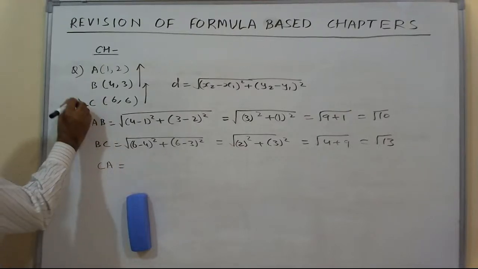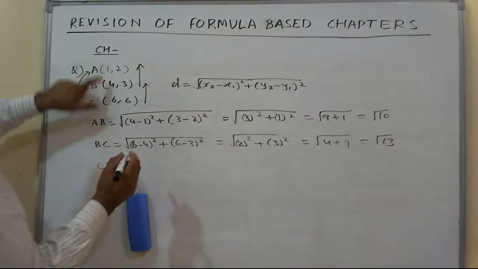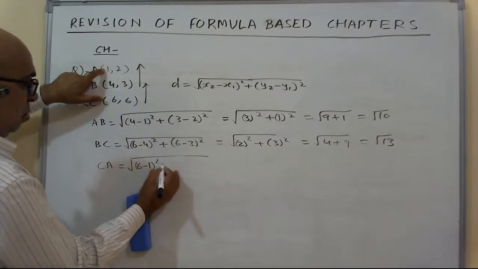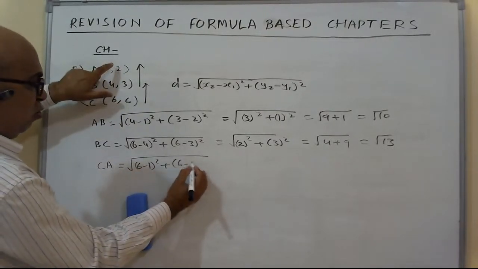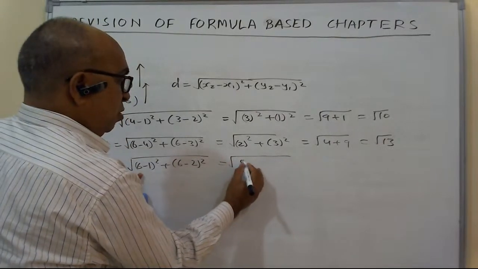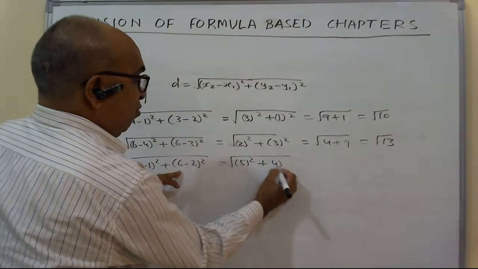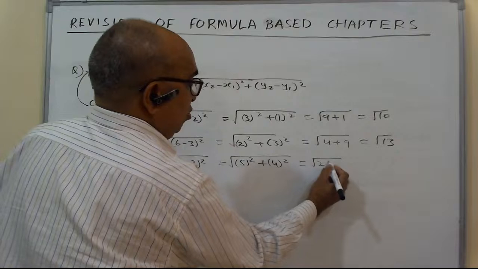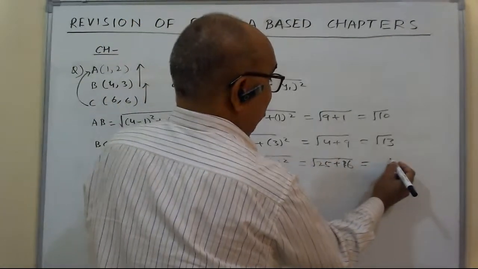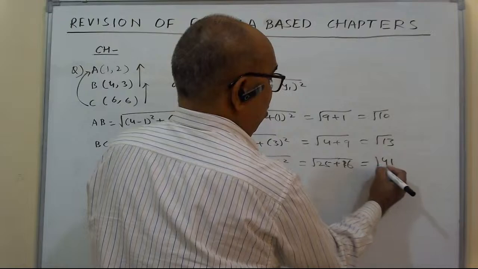I told my student to do it like this. So 6 minus 1 whole square, 6 minus 2 whole square, it is equal to 5 square plus 4 square, it is 25 plus 16, and this is equal to square root 41.